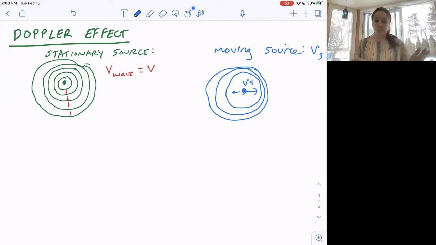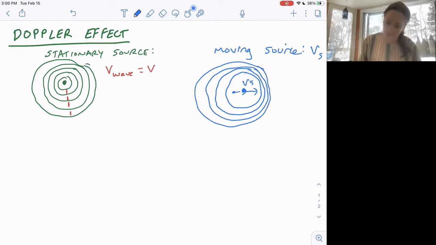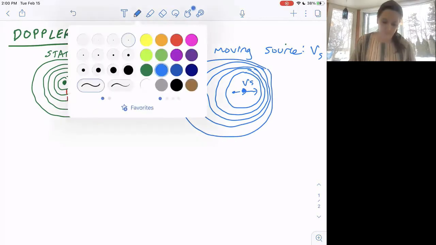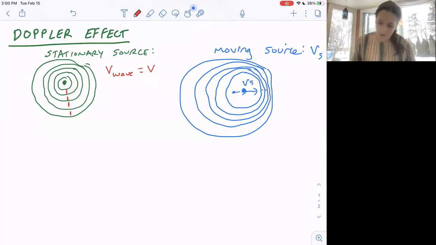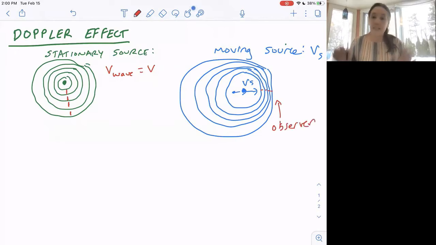And so what happens then is we get these non-concentric circles where in front of the source, we have a much smaller spacing. So we would actually observe, in this case, the higher frequency.